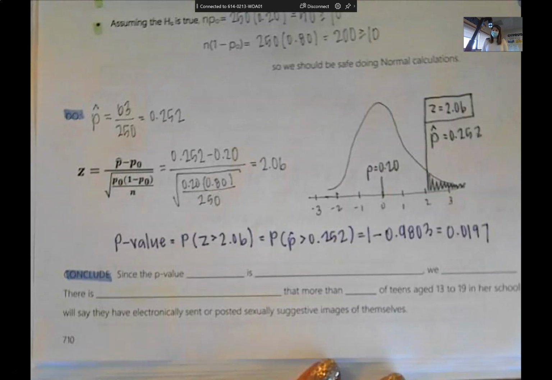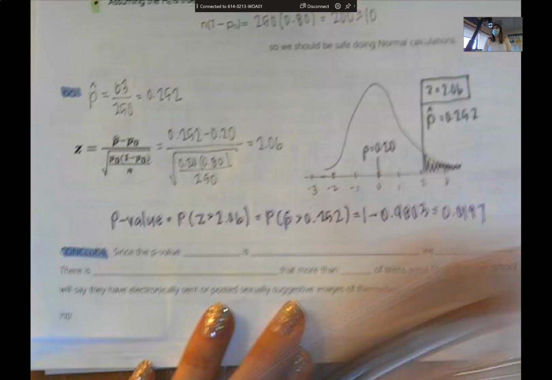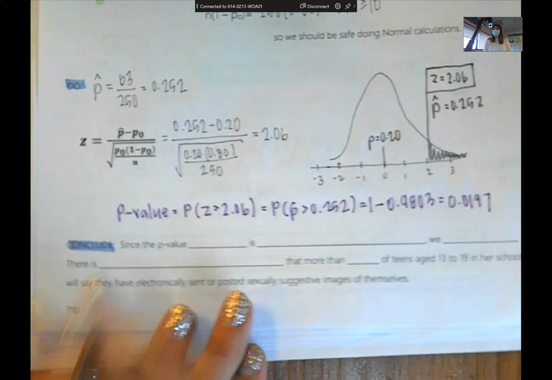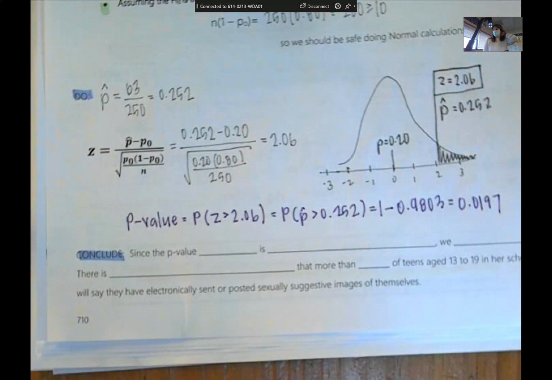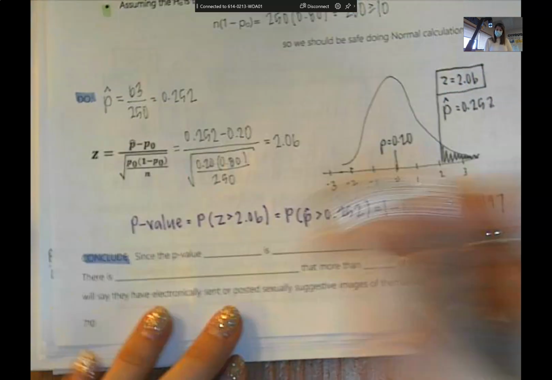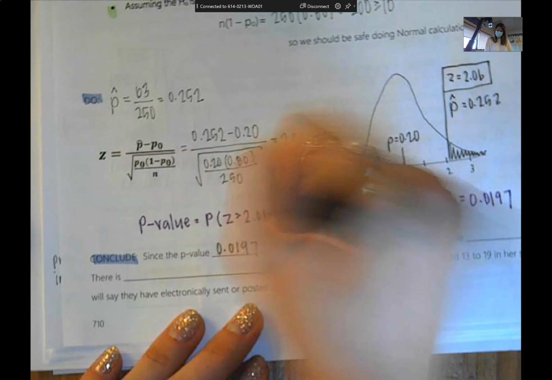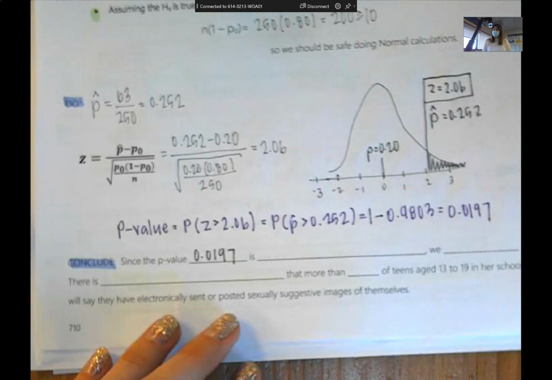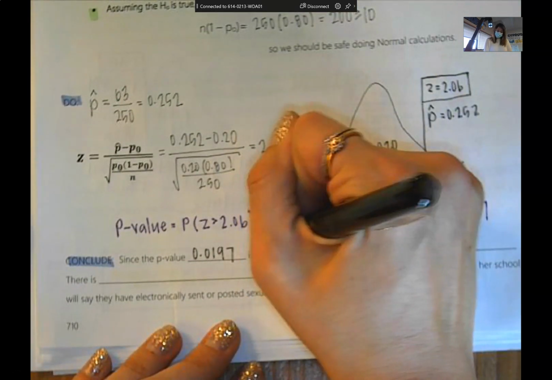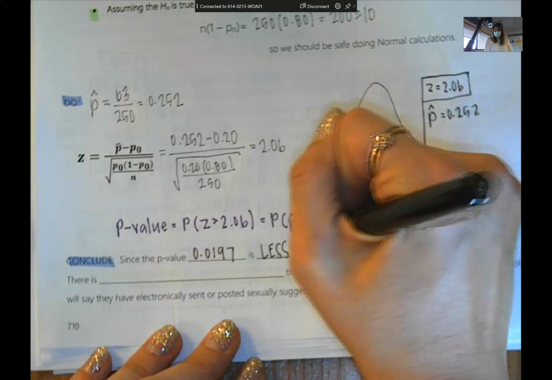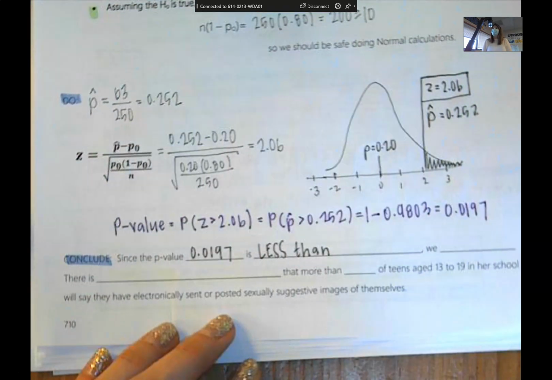Now our conclusion is basically the same. The first sentence is always the same. So we say since the p-value, then we give our p-value, is less than. This time our p-value is low.